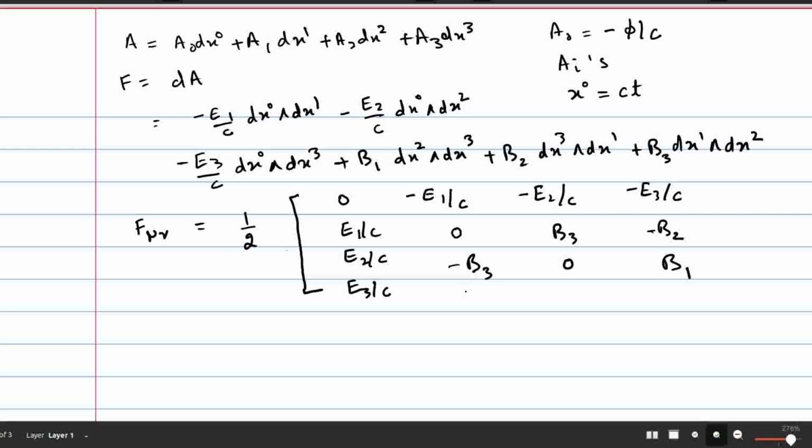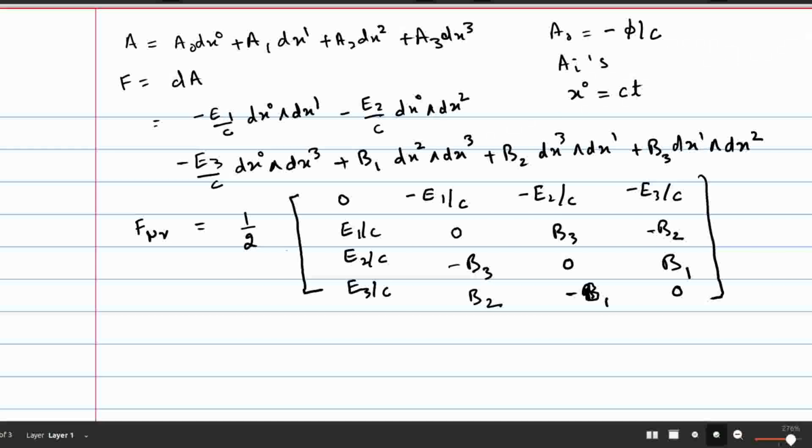Then 3/1 is B2, 3/2 is minus B1, and 3/3 is 0. So these are the components of field strength.